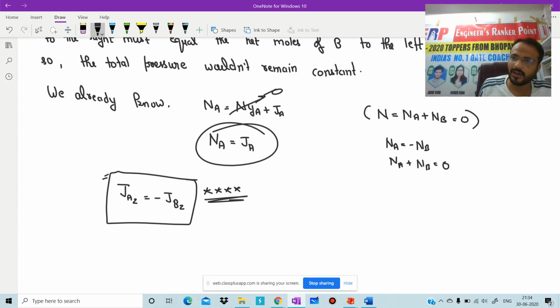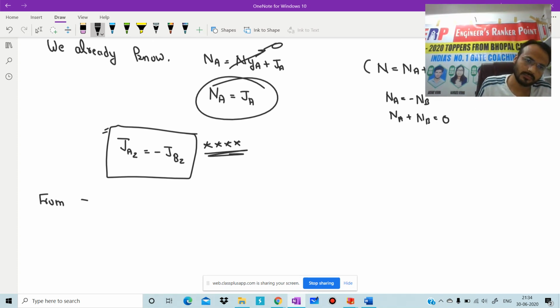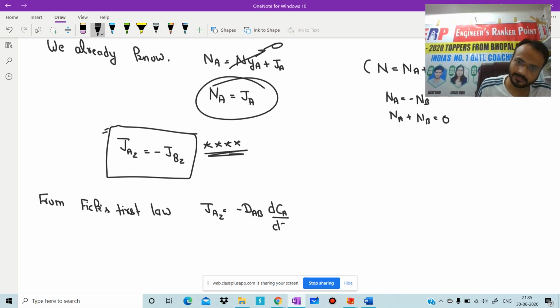JAZ is equal to minus of JBZ. Now, every one of us knows that from Fick's first law, JAZ is equal to minus of DAB into dCA by dZ.